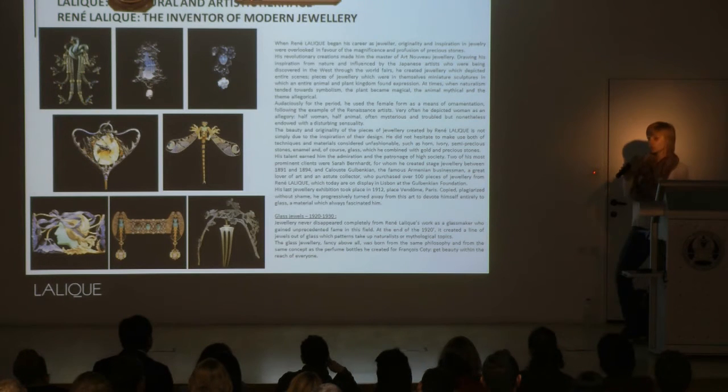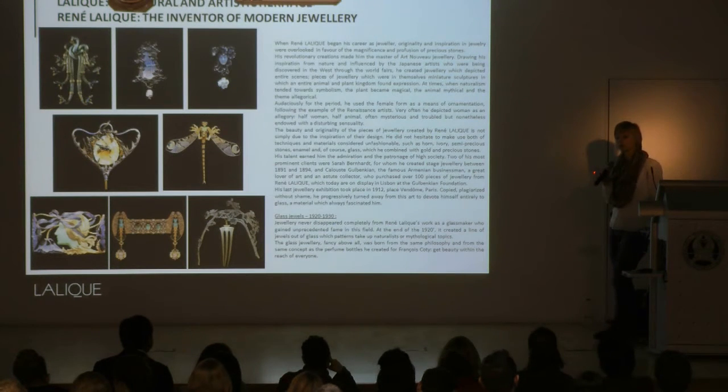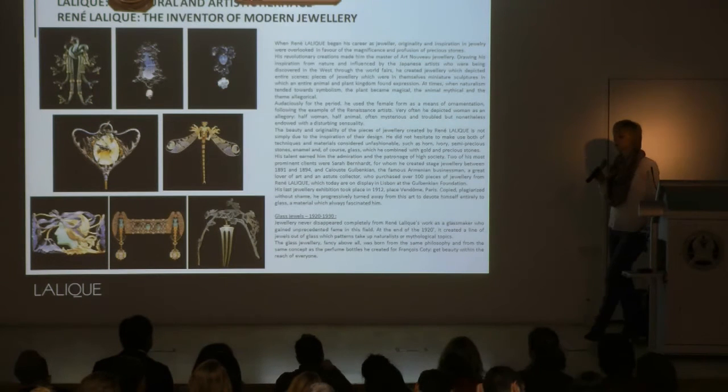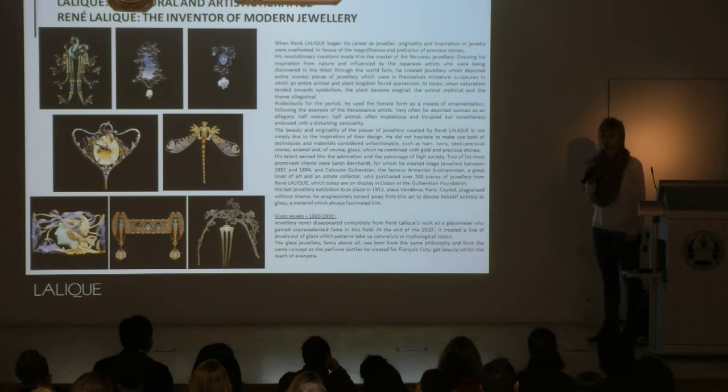Well, actually, back to his work, he opened, late in the 19th century, his first manufacture and shop in Paris, in the middle of Paris. In the beginning, he was working as, we would say nowadays, a freelancer.